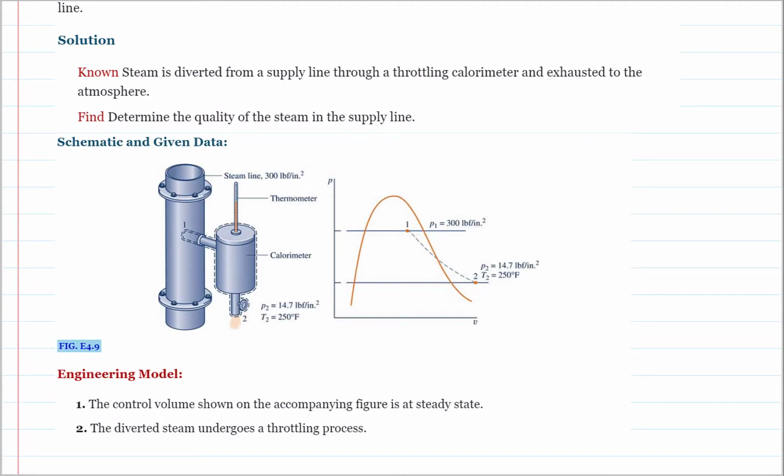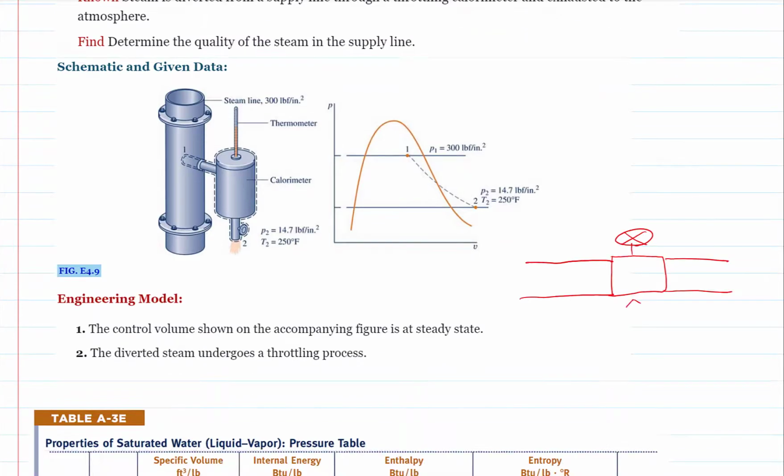So this is a throttling calorimeter that determines the quality of a liquid-vapor mixture. The device allows the liquid-vapor mixture to expand and change phase into superheated vapor. In this diagram, it looks complicated, but this is the throttling device.